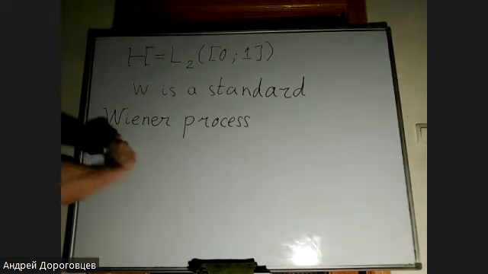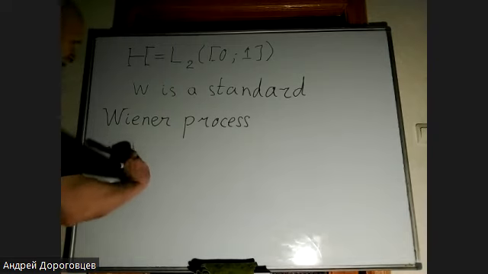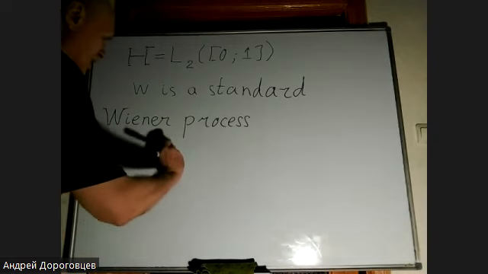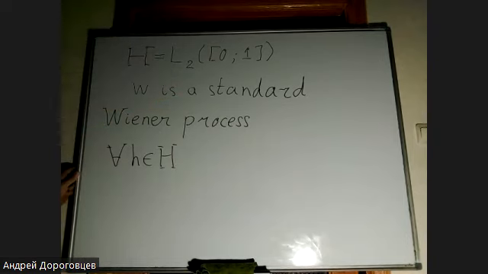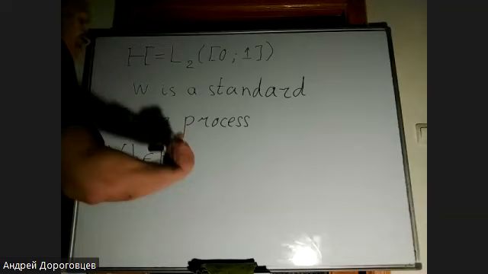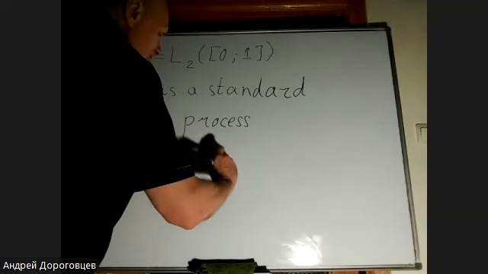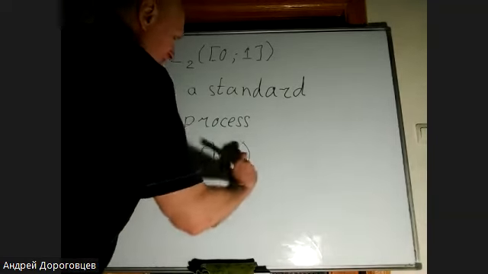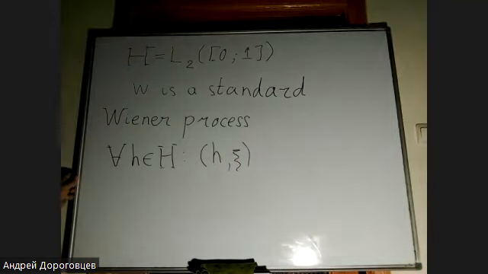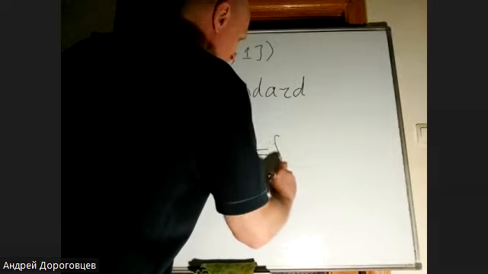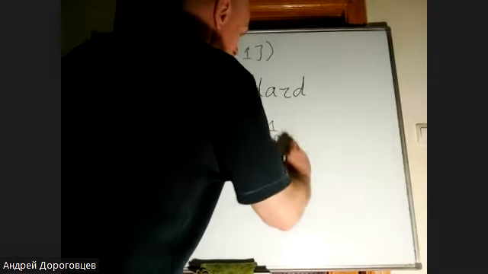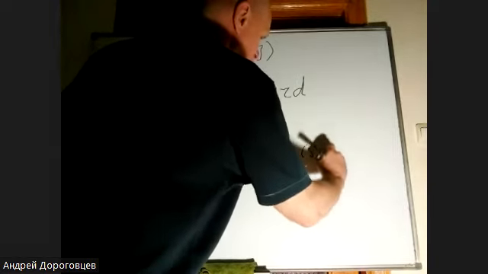And define, for any h which belongs to our space, so h is a square integrable function, define the product h psi with this generalized product element as follows. This is the integral from 0 to 1 of h(s) dW(s).